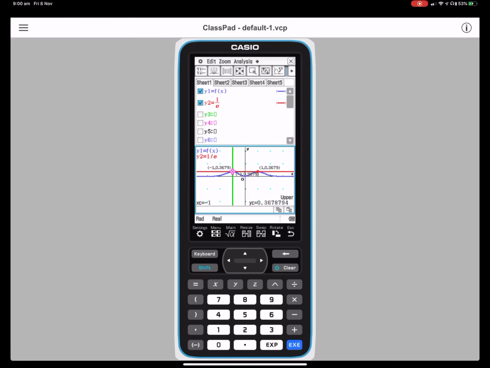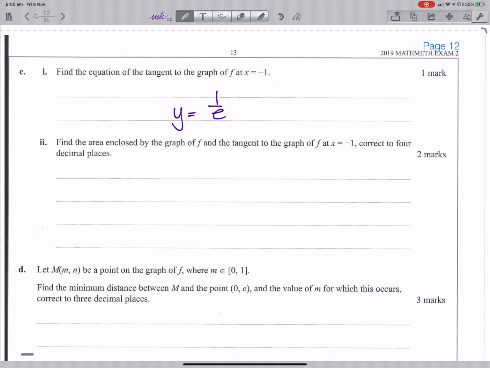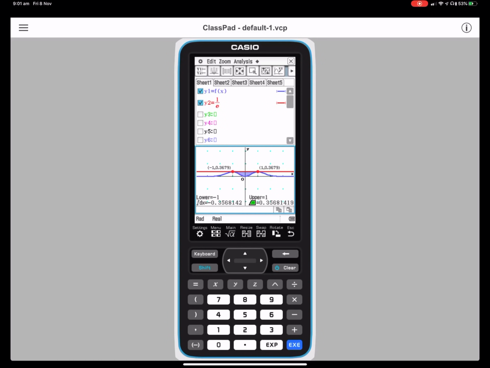Dx intersection, there, there. So 0.0356, that's 0.357. So we want the integral from -1 to 1 of 1 on e minus f of x dx to 4 decimal places. 0.03568.